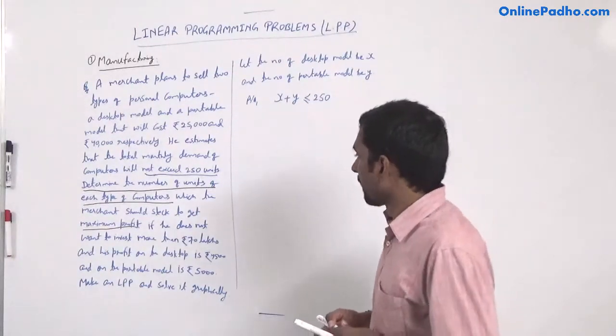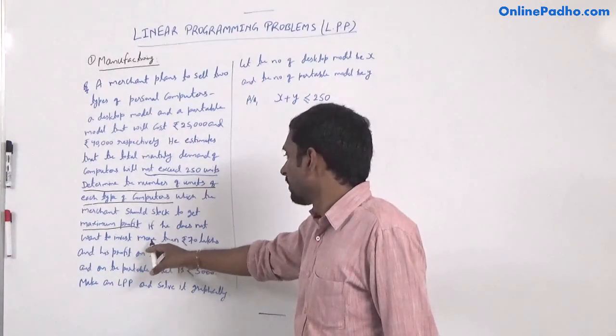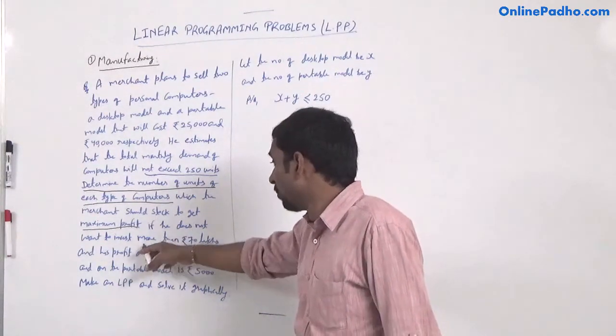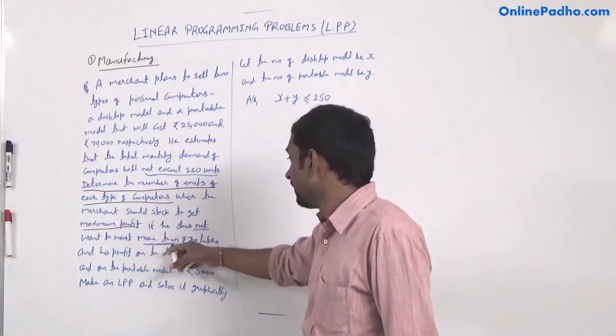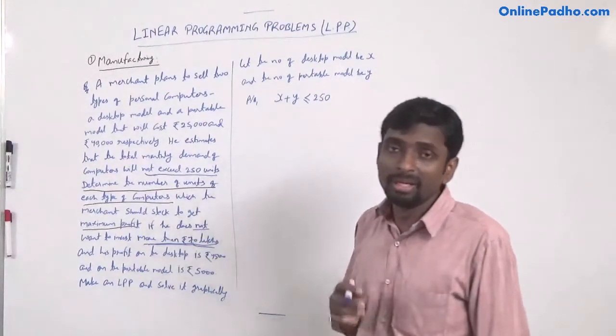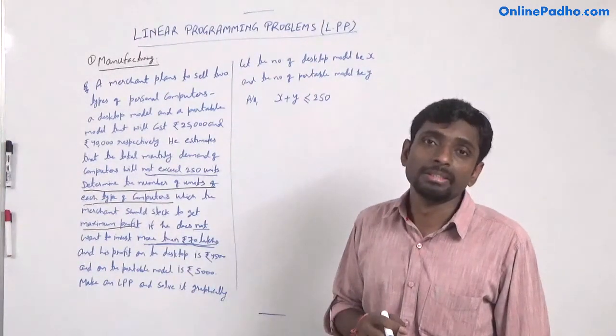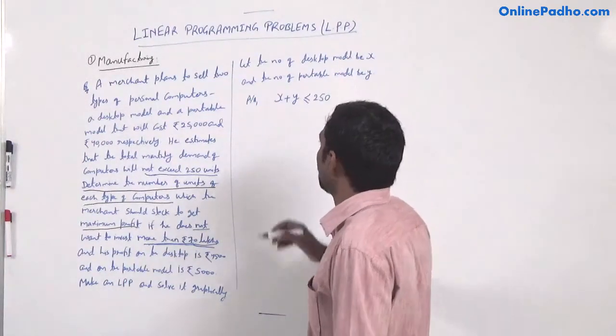And the merchant does not want to invest more than 70 lakh, which means he needs to invest less than equal to 70 lakh. He has 70 lakh only.